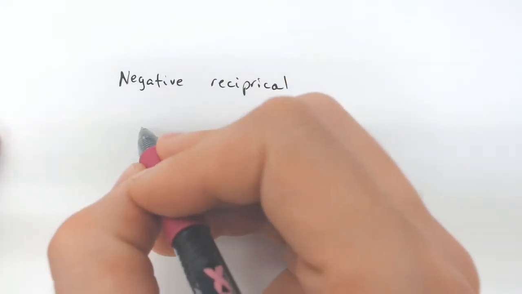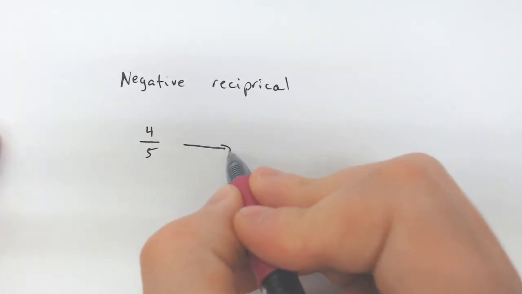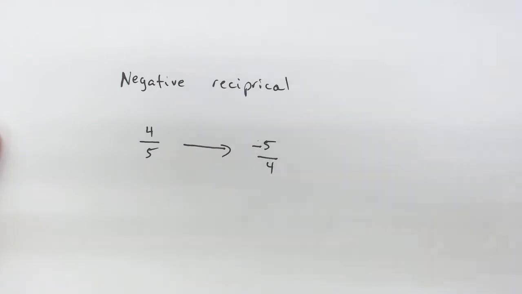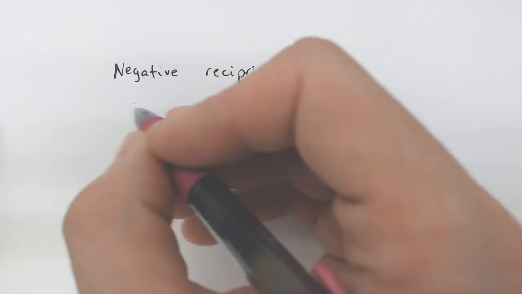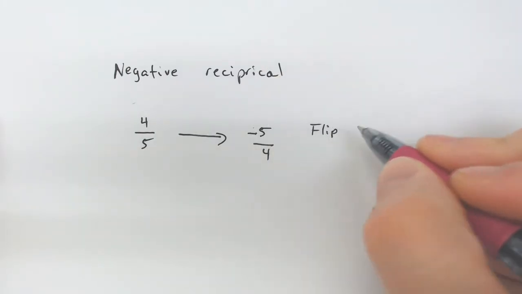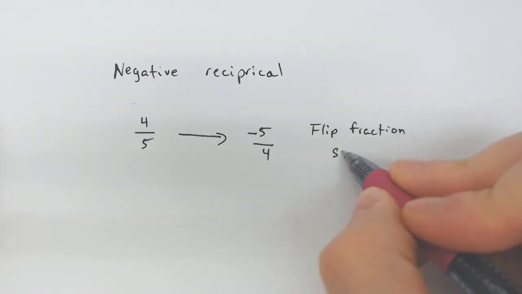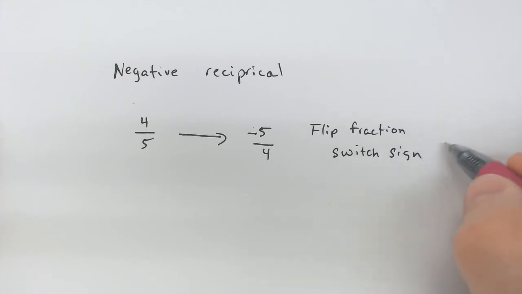So if I have a slope that happens to be 4 over 5, for the negative reciprocal you would flip the fraction and switch the sign, and it would become negative 5 over 4. If you flip the fraction and switch the sign from positive to negative or vice versa, then that would be considered perpendicular.